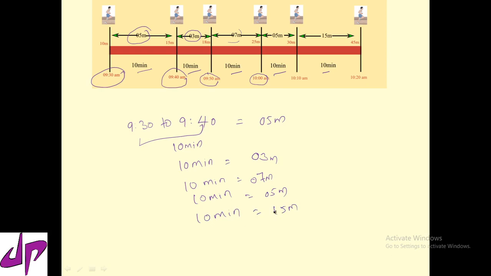Now, if anybody asks what is the average speed of the runner, we have to calculate the total distance by total time. Here the total time is 50 minutes and the total distance is 35 meter.